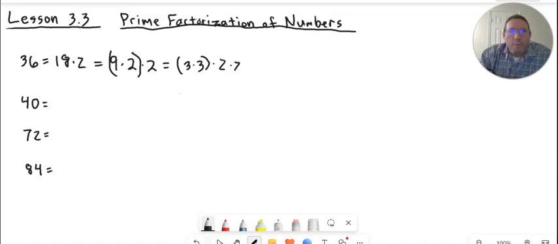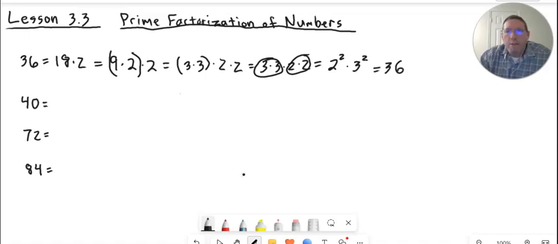And so what we have here is 3 times 3 times 2 times 2. I want to put the 2's first. How many are there? There's 2 of them. So I'm going to go 2 squared times, then 3's. How many 3's are there? There's 2 of them. So I'm going to do 3 squared. So 36 is the same thing as 2 squared times 3 squared, okay?